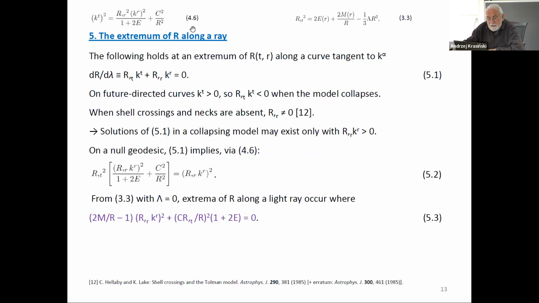Now let's discuss the extremum of the function R. Okay, so the function R has extrema along light rays in places defined by this equation here. So on future directed curves, KT must be positive.